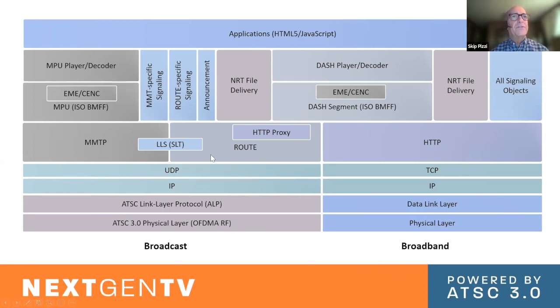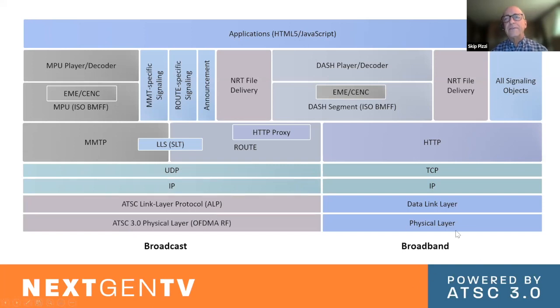And then here's the choices of MMTP, the MPEG Media Transport Protocol, an IP-based system, as well as ROUTE, the IP-based system. Again, optimized for one-way delivery, because that, of course, is how broadcast works.